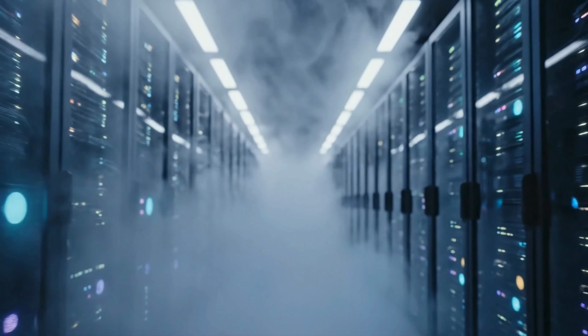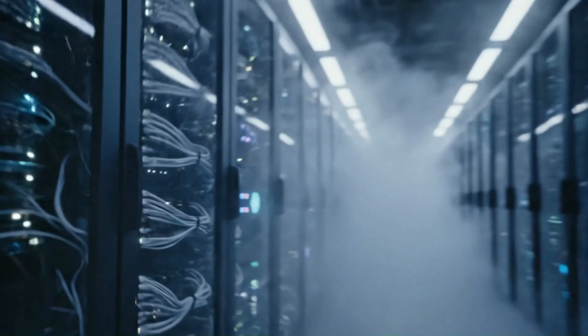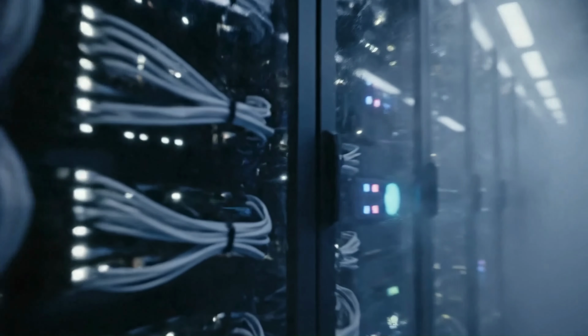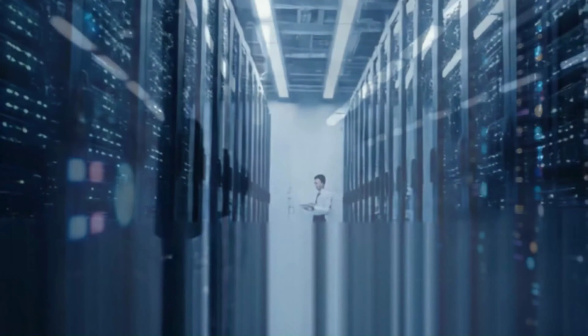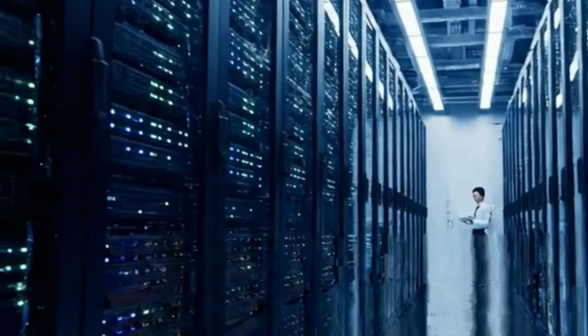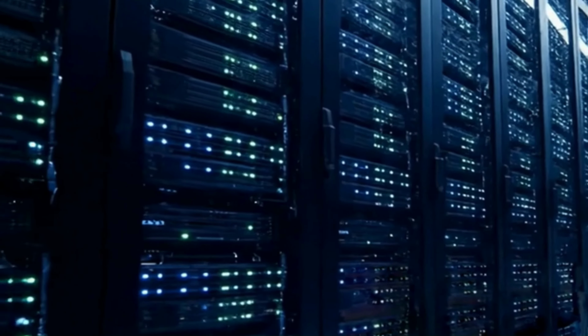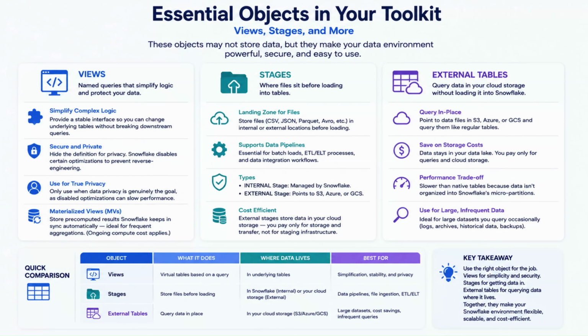Views are named queries. They don't store data but serve critical roles. Standard views simplify complex logic and provide a stable interface so you can change underlying tables without breaking downstream queries. Secure views add privacy. The definition is hidden, and Snowflake disables certain optimizations to prevent users from reverse engineering underlying data.